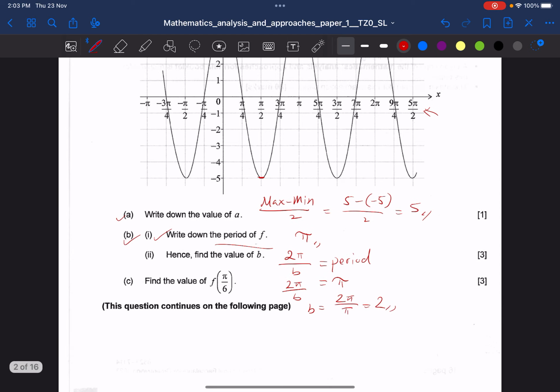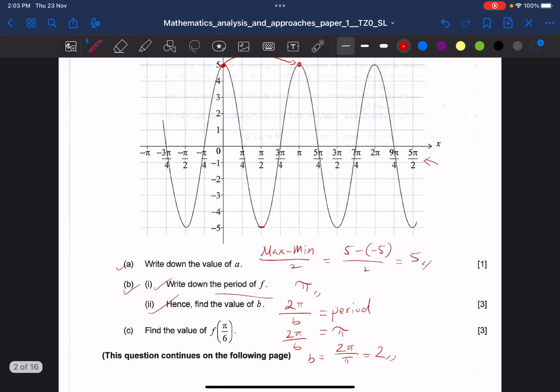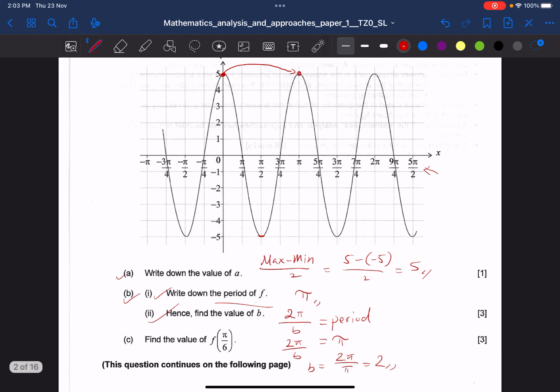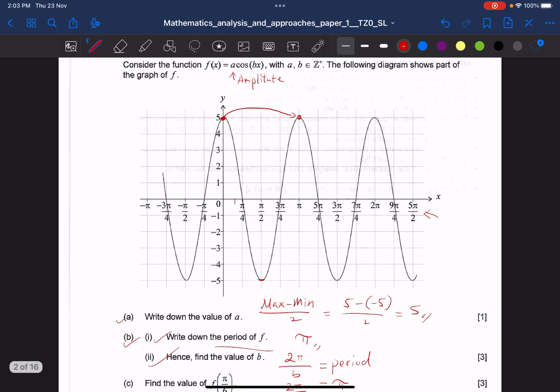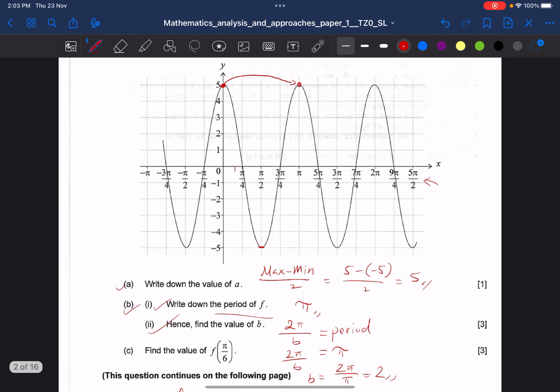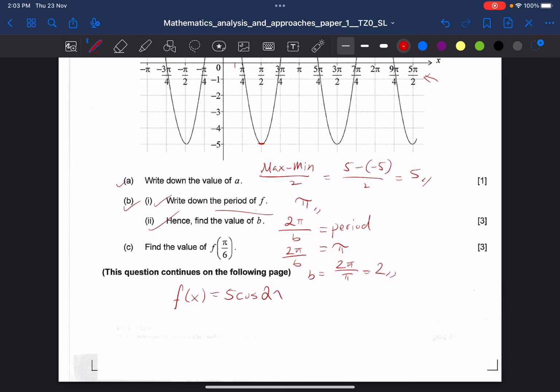Find the value of f of pi over 6. You can read off the graph. Pi over 6 is somewhere around here. Actually, I don't think I'm going to read off the graph, so I just substitute all the numbers in. f of x is 5 cosine 2x. Just plug that in: pi over 6 times 2 is pi over 3, which is 60 degrees.